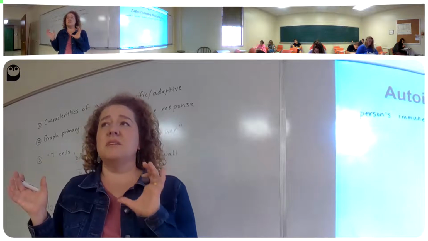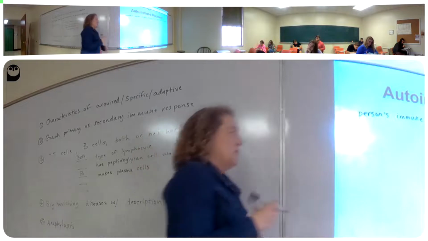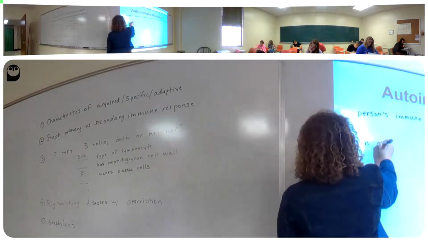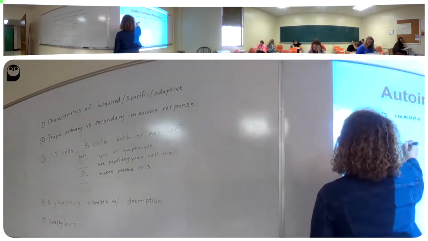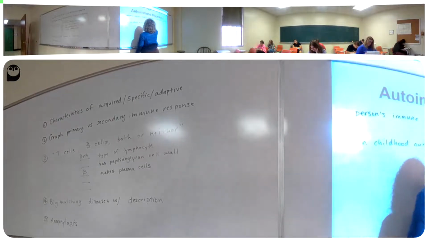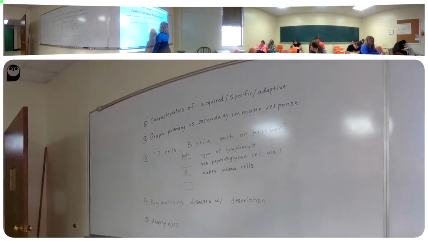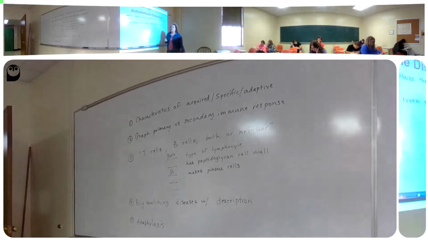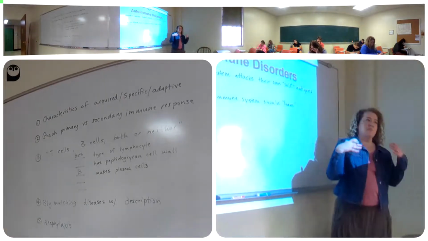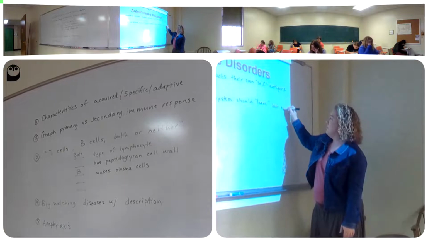So to understand why this happens, there's an important fact to know. In childhood, our immune system is supposed to learn, through some pretty complicated processes, what antigens are self.